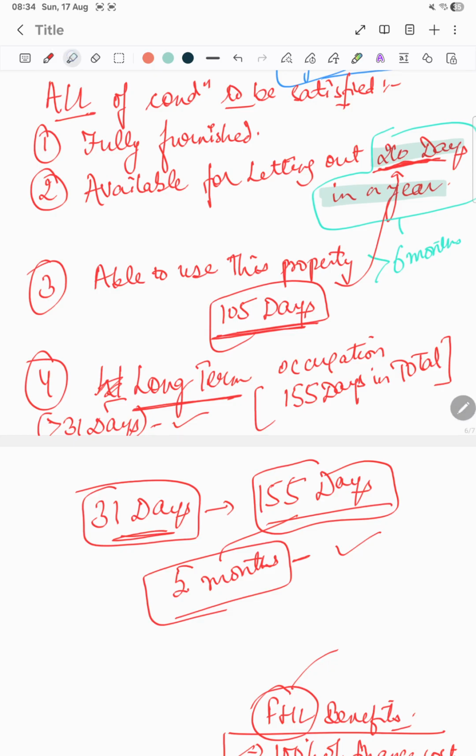So the conditions for FHL will be this property is fully furnished, it's available for letting out for 210 days in a year, people are able to actually use this property for 105 days, and there should not be a long term occupation, which means exceeding 31 days. But this 31 days exceeding can in total be only for 155 days and not for more than that. I hope this is clear.